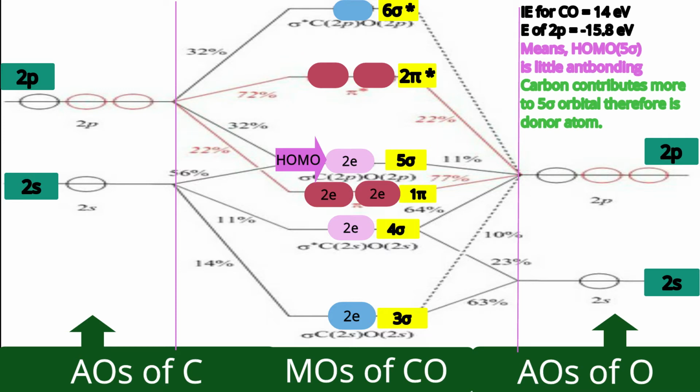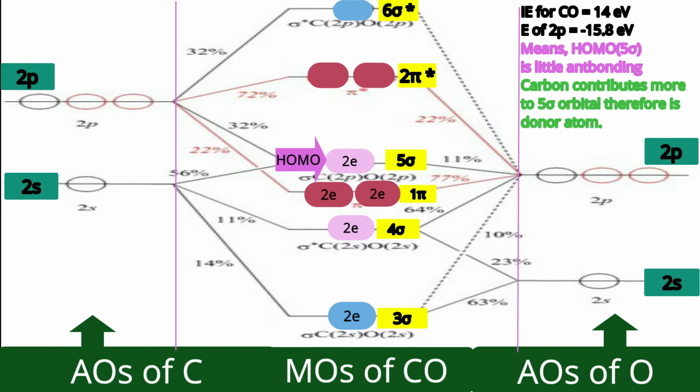Let me discuss each molecular orbital now in detail. Let us consider the 3 sigma orbital. This 3 sigma orbital has a major contribution from the 2s orbital of oxygen, which means the 3 sigma orbital majorly belongs to oxygen. Of course, a share is there from the 2s orbital of carbon as well as the 2p orbital of oxygen.